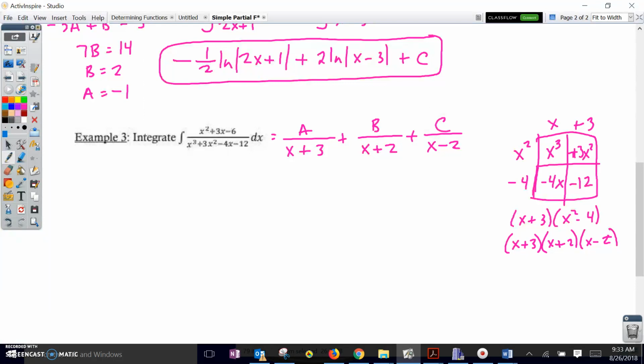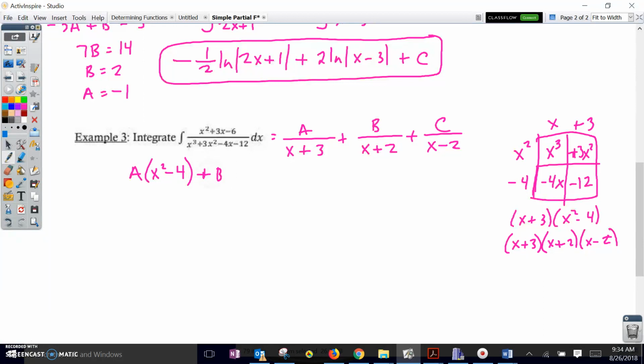And so when we go to write out our expression that we're going to use to find our system, the a needs to be multiplied by both of the other denominators, x plus 2 and x minus 2, to get it back to the original denominator. So we're going to multiply that by x squared minus 4.